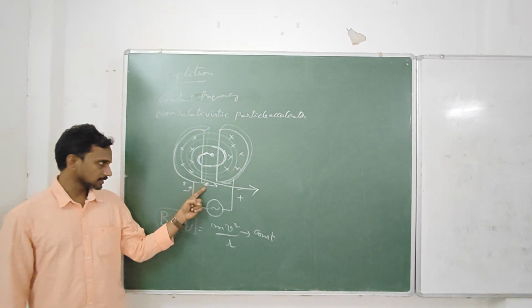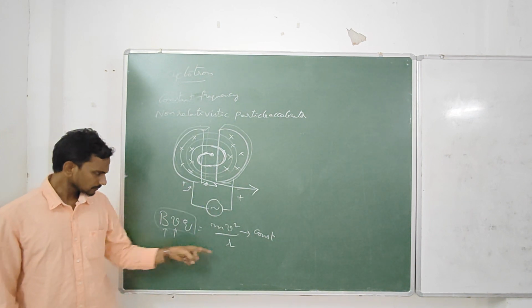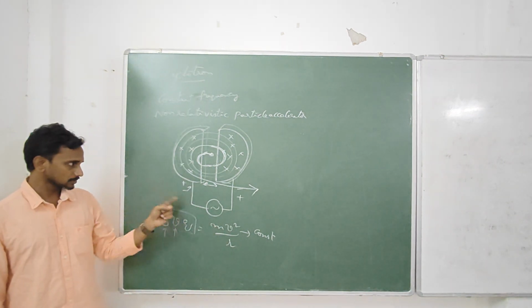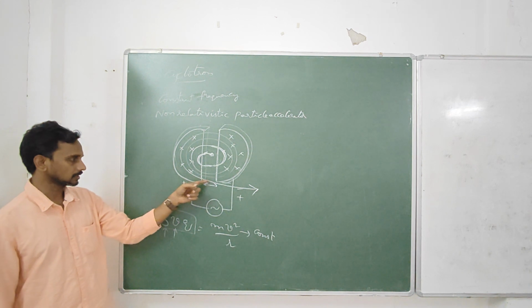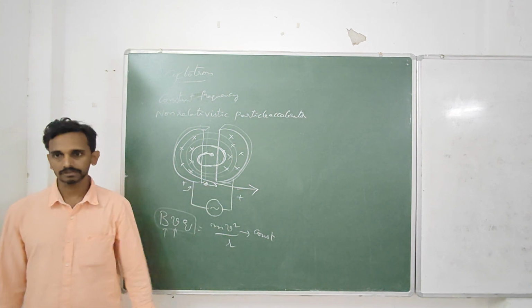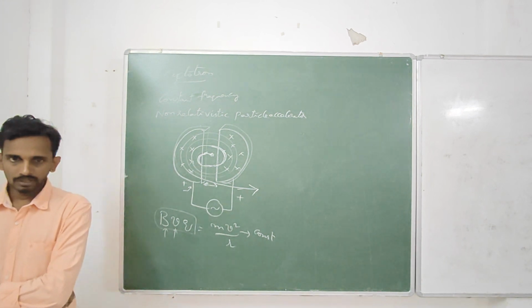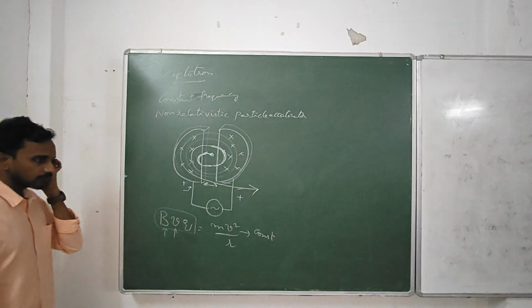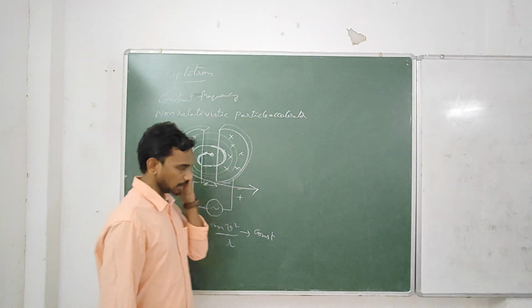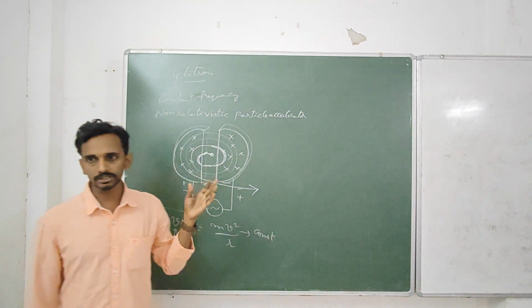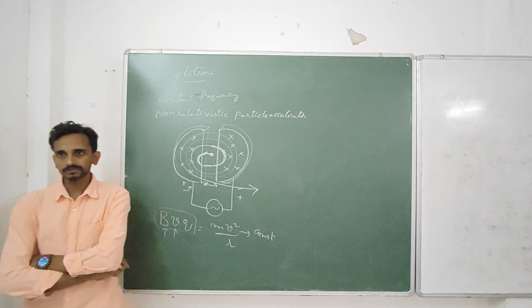Just because of this additional electric field, this process continues till the particle reaches the boundaries of the D-shaped drums. So the final velocity obtained by the particle is a combination of both electric field and magnetic field effects.